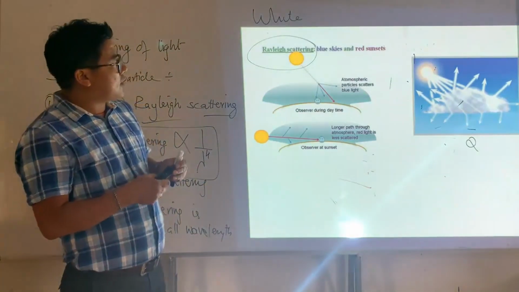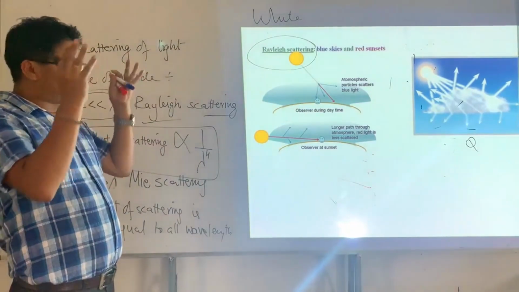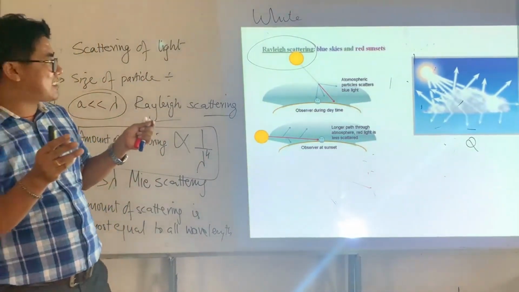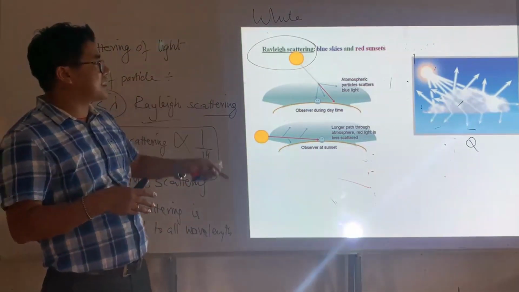So what we can know today is why the sky appears blue, and why the sun appears reddish during sunset and sunrise: it is all because of Rayleigh scattering.